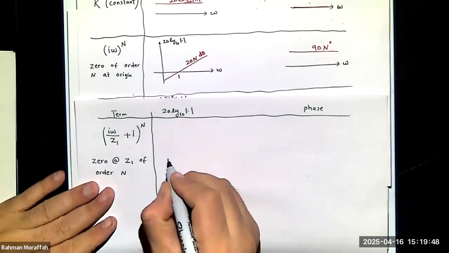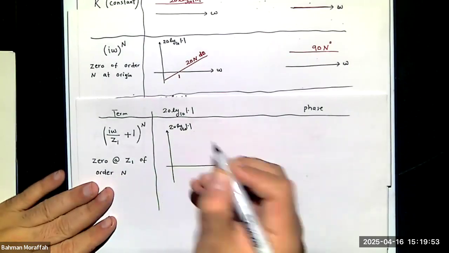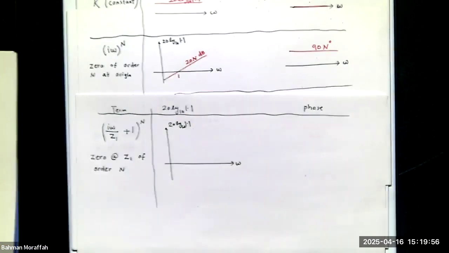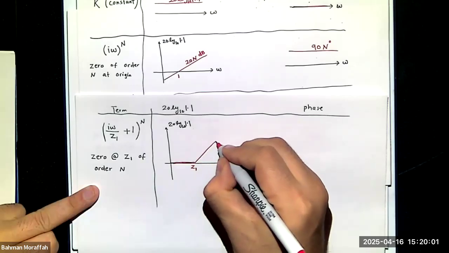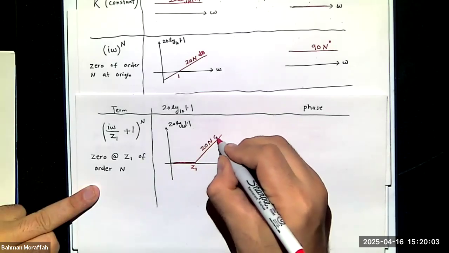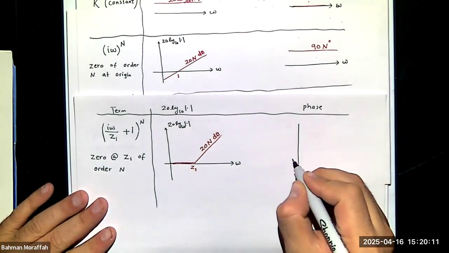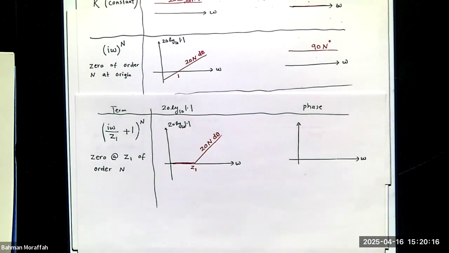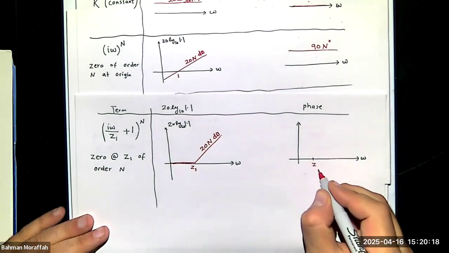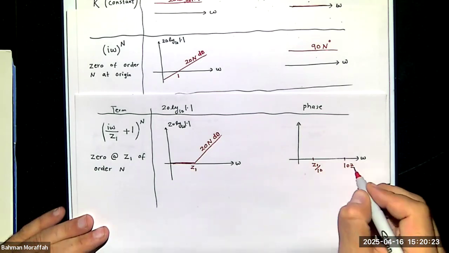So if I look at the magnitude, this would look like this. This is z1, and that's going to go up by 20 n dB, right? If I look at the phase, it turns out the phase looks like this. 10 times z1.